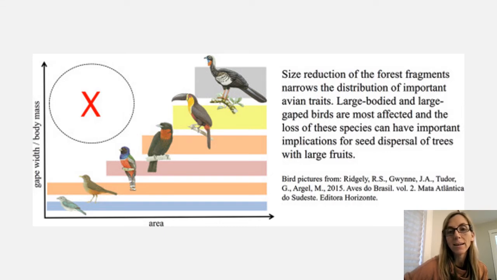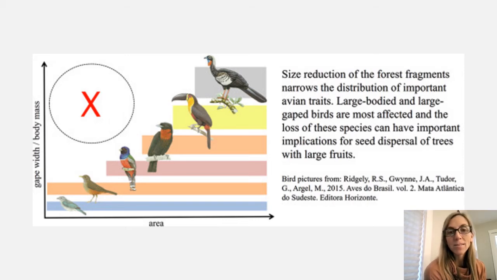One was the hand-wing index, which is essentially a measure of body size, body mass, and the gape width. That's the actual width the bird is able to open their beak, and is a signal of what size fruit they can ingest. And so all of these decreased. These three factors decreased with patch size reduction.